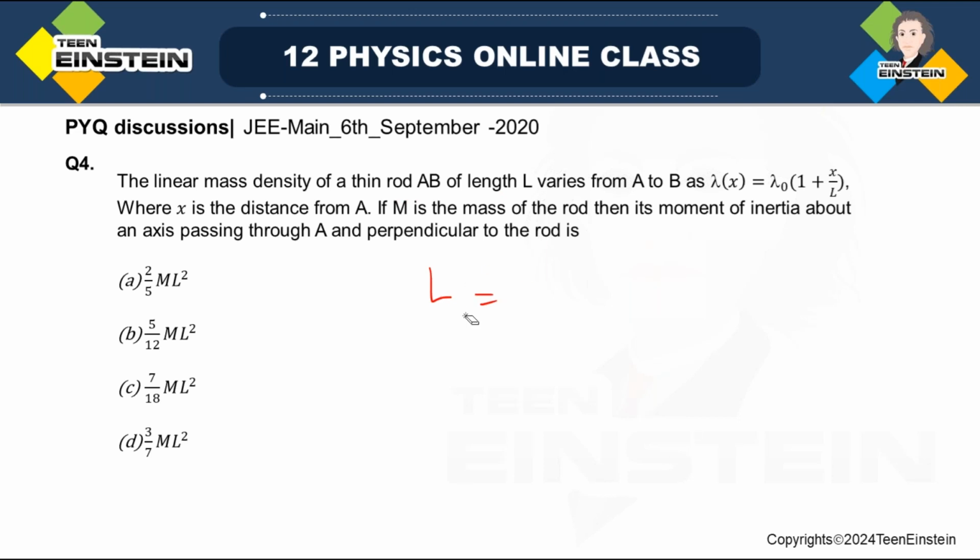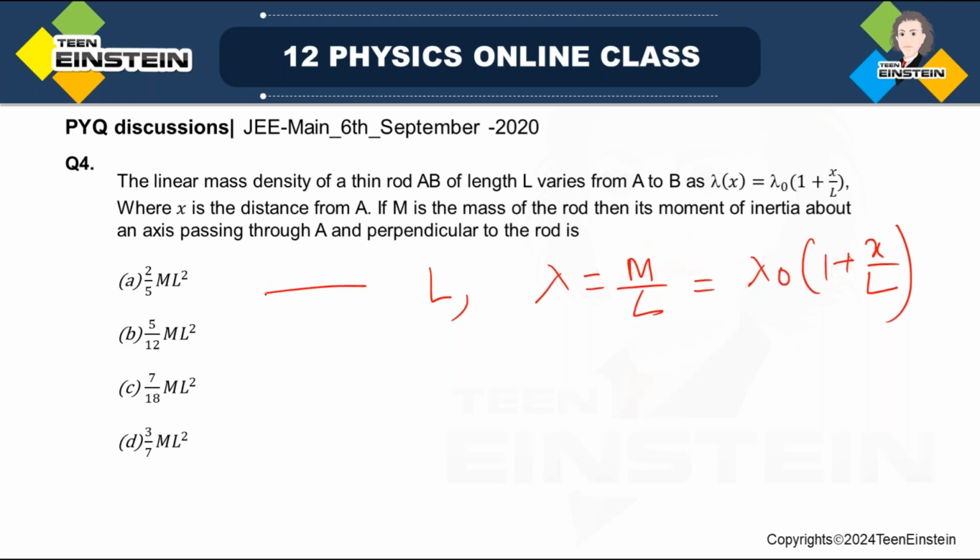The length of the rod is L. Mass density lambda, that means mass per unit length, is varying as this, where x is the distance from A, like this.